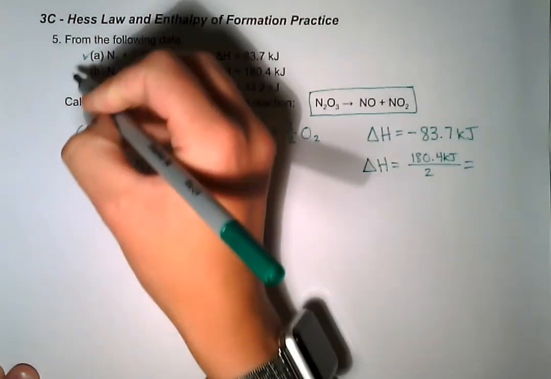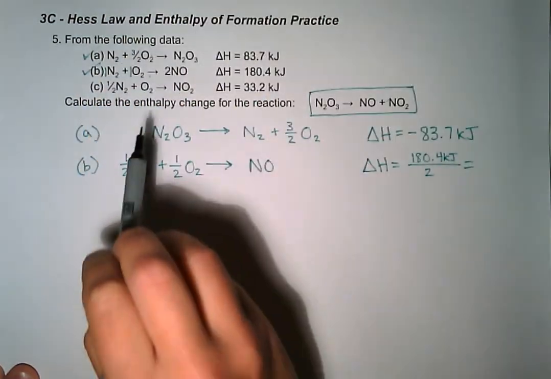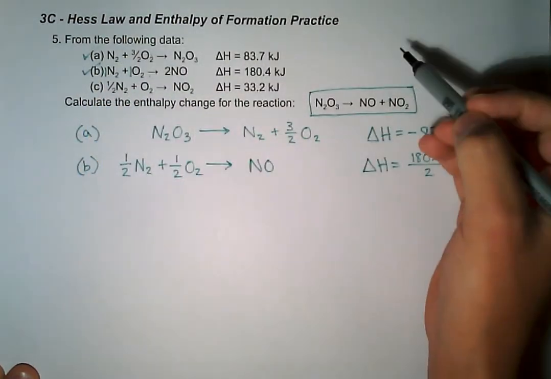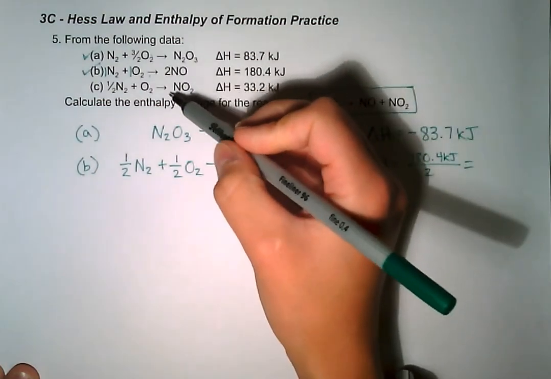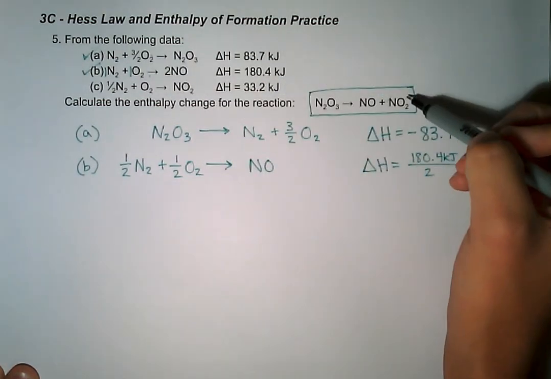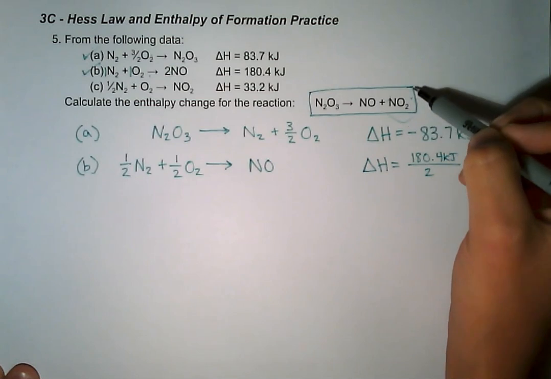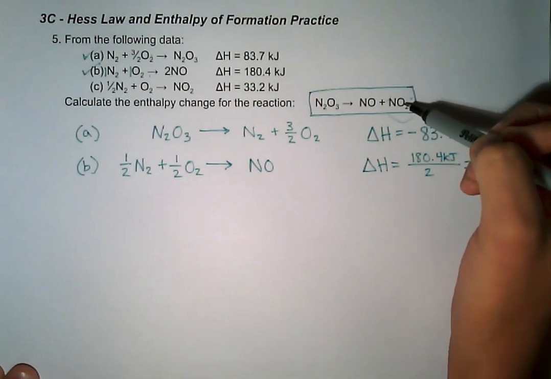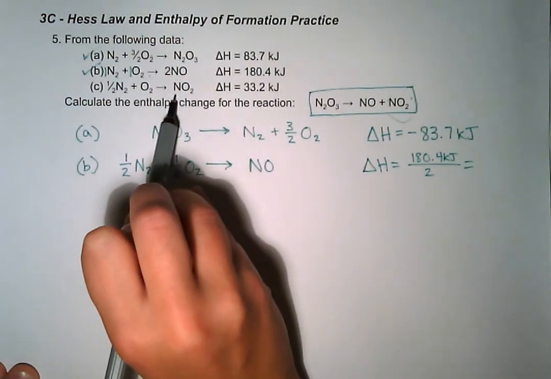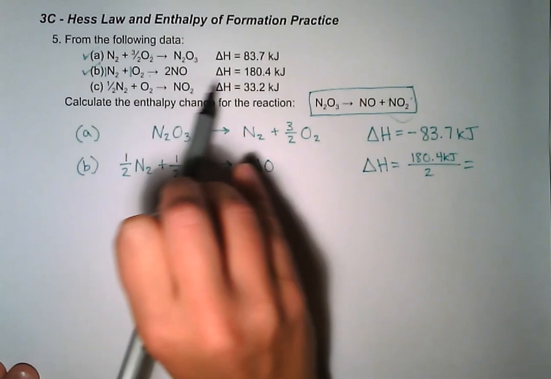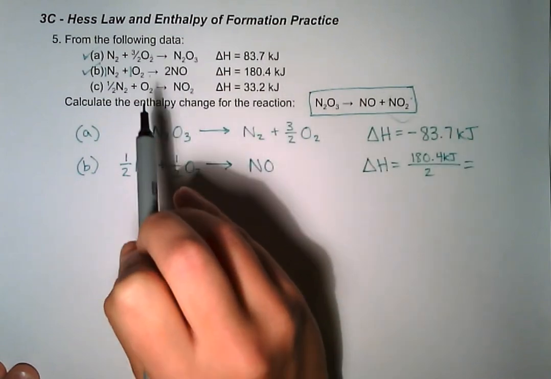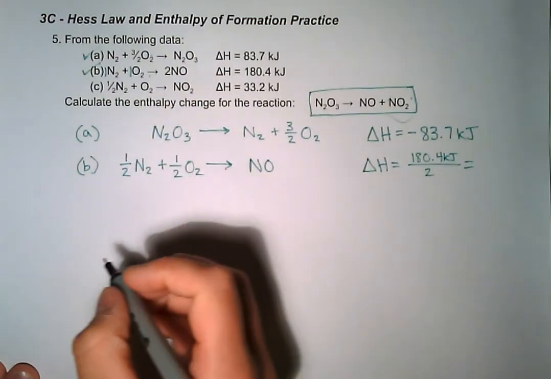Okay, I've used reaction A and reaction B, so now in reaction C, the thing that only appears in reaction C is this NO2 molecule, and we need that NO2 molecule on the product side of our target reaction. We have one NO2 molecule in our target reaction, and there's one in reaction C, and it's already on the correct side of the equation, so I don't need to manipulate reaction C at all.